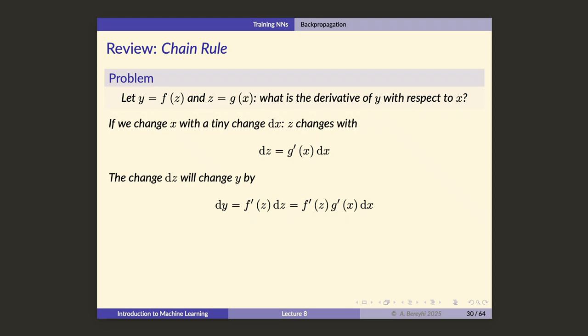It's dy, the derivative of y with respect to z, times that change dz, so f prime at point z times dz. If I replace dz from the first line into that expression, it's the derivative of f with respect to z times the derivative of g with respect to x times dx.